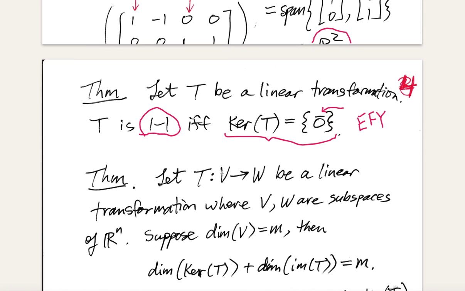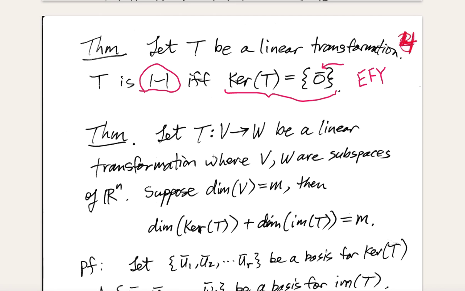All right, let's go on to a different theorem. Let T map V into W. That's a linear transformation, so it's got to be linear again. It's not just some crazy transformation. V and W are subspaces of R^n again.